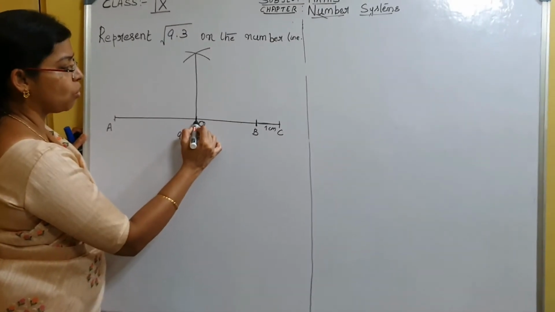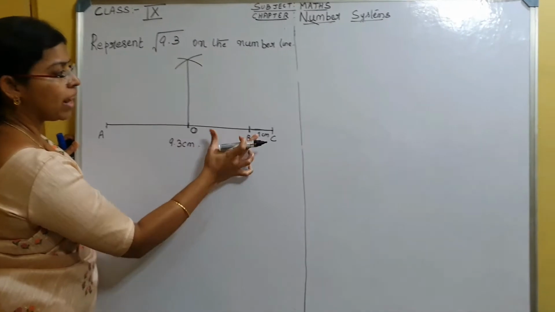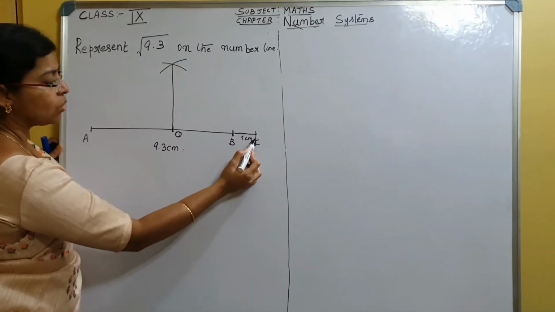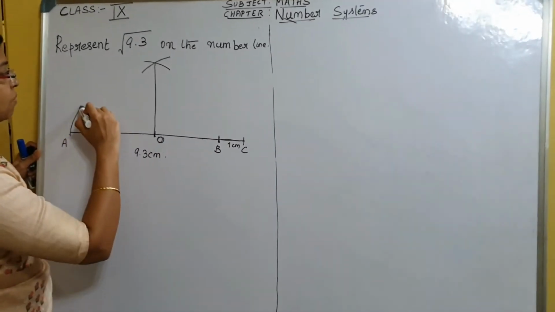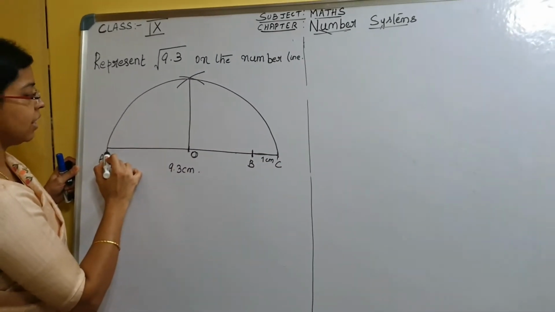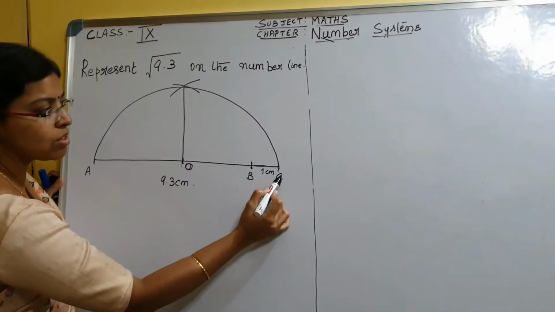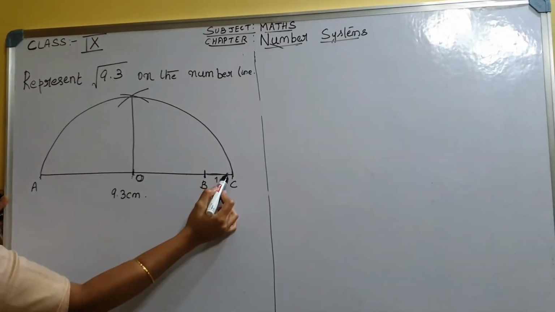With center O and OC as a radius, draw a semicircle which will intersect A and C, right? So you get a semicircle like this.